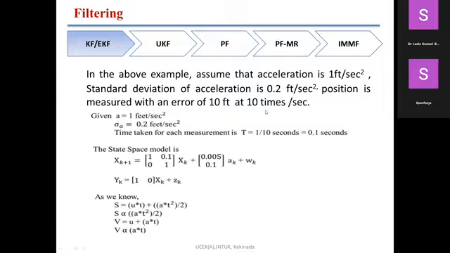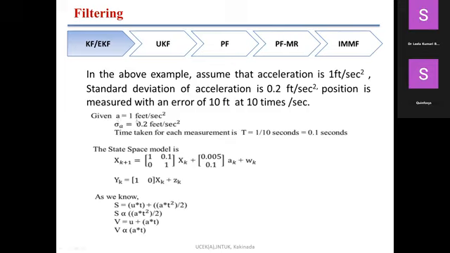You can take 10 measurements per second, or 100, or 5, based on the accuracy we require and the system specifications. Since we are using simulation only, you can use different measurements and compare the performance analysis of the system. But if you increase the number of measurements, the computational complexity obviously increases.